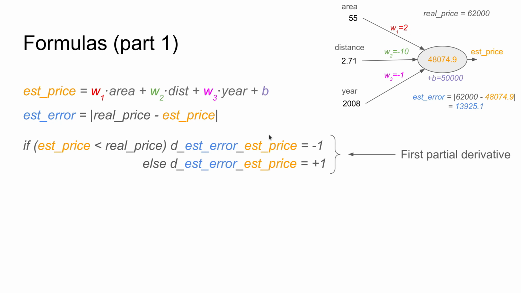We can compute the derivative of the estimation error with respect to the estimated price using an if. If this is smaller than this, the derivative is -1, else the derivative is +1. This is the first derivative we need.